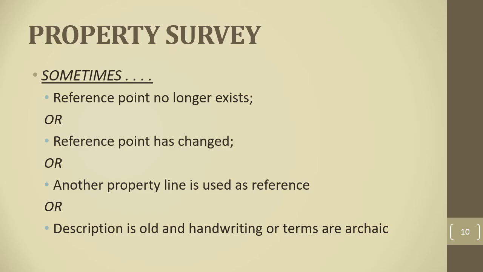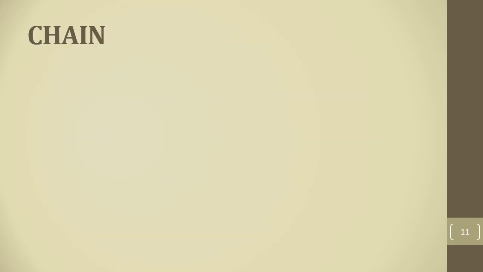They're old-fashioned. For example, older descriptions, especially those in the 19th century, the distances are described as chains. And one chain is equal to 66 feet.